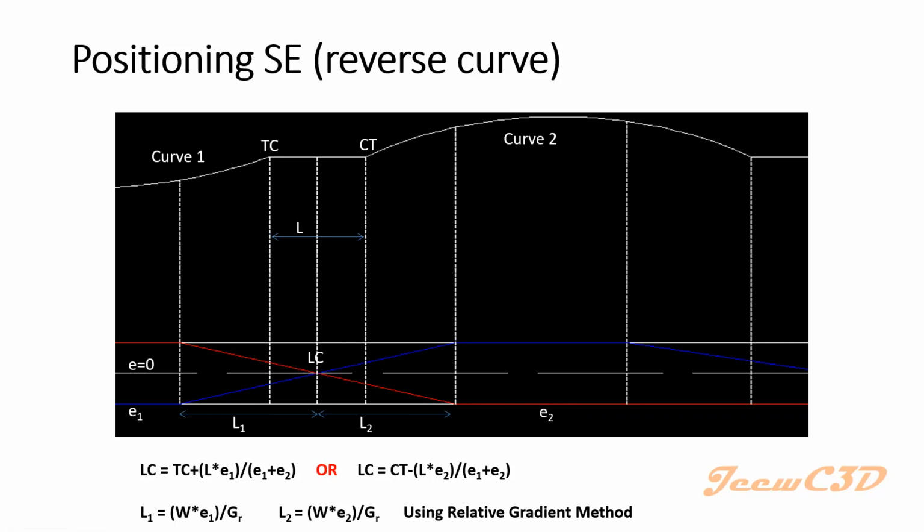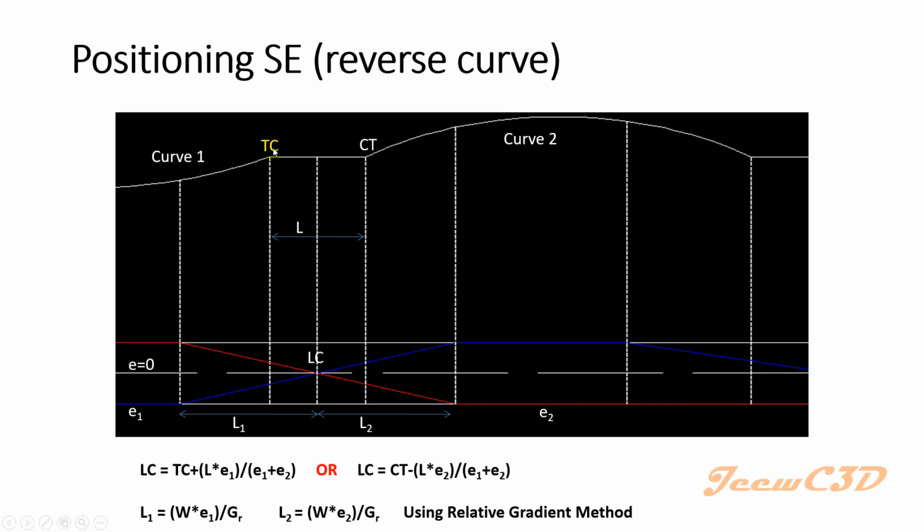So in that case, you have to first find the superelevation 0 point. Superelevation 0 point, we call it level crown. This point is called LC. First you need to find that one. That is LC equals TC plus LE1 over E1 plus E2. TC means tangent to curve point.